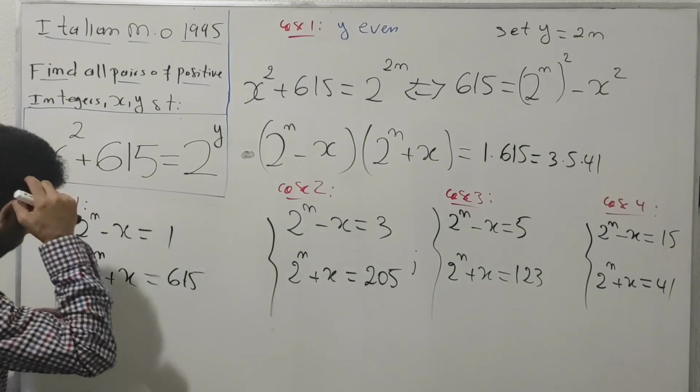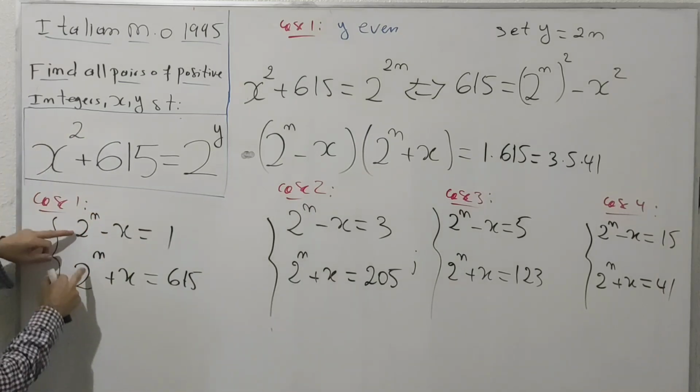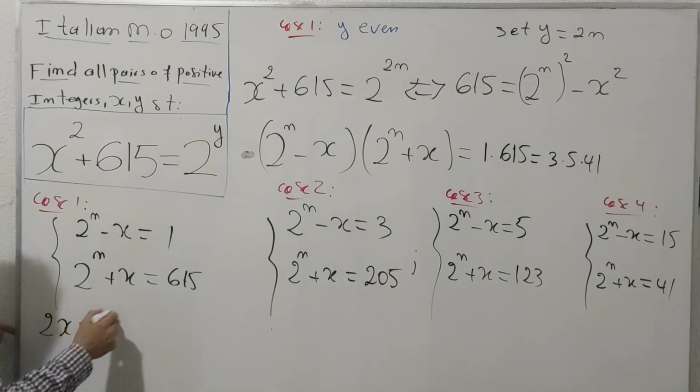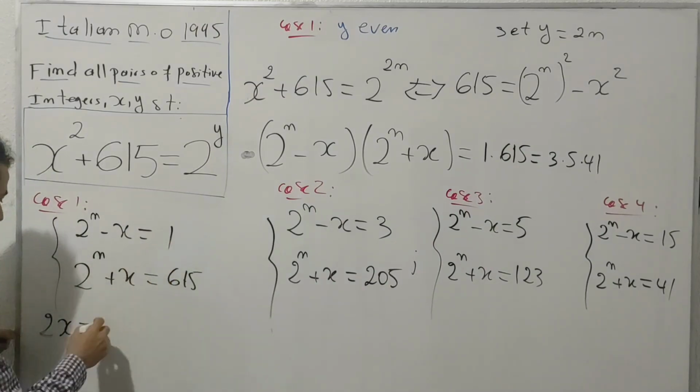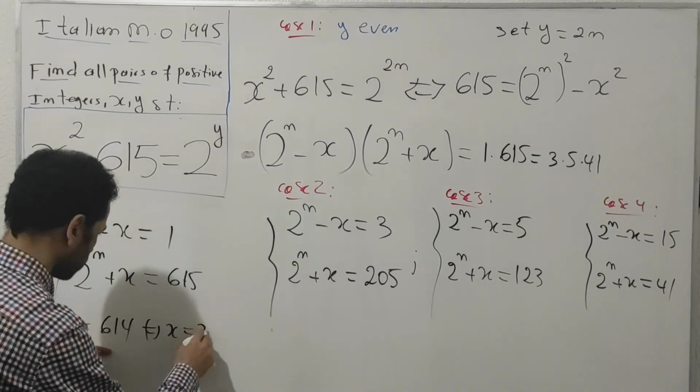Now I'm going to go through each one. For this one, I'm going to eliminate 2 to the n first by subtracting this equation from this equation. I will get 2x equals 615 minus 1, which is 614. That means x equals 307.